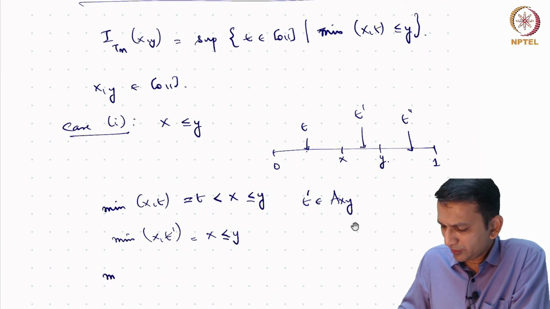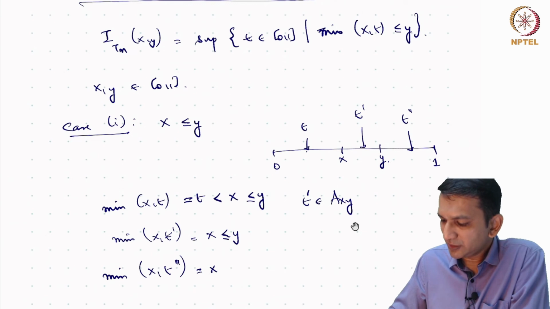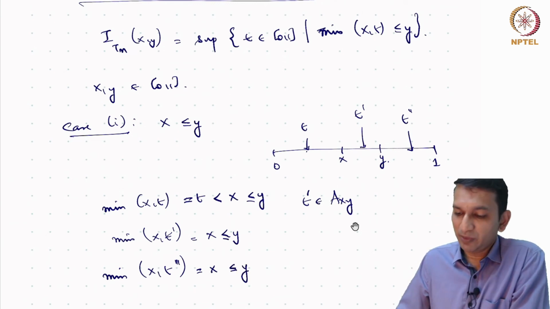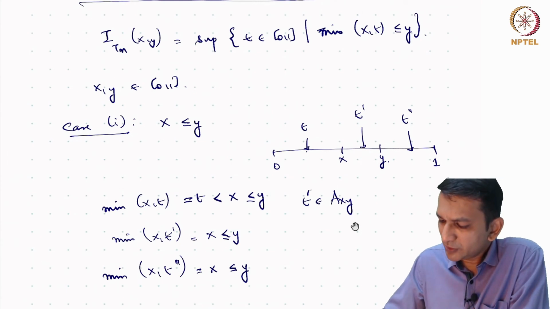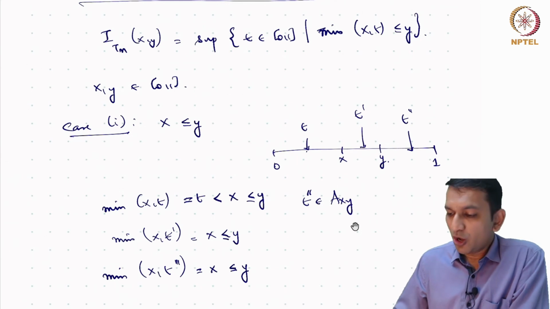Now minimum of x comma t double dash, once again t double dash is bigger than x, which means min of x comma t double dash is actually equal to x, which is still less than or equal to y, because that's the case that we are discussing, which means t double dash belongs to AXY.